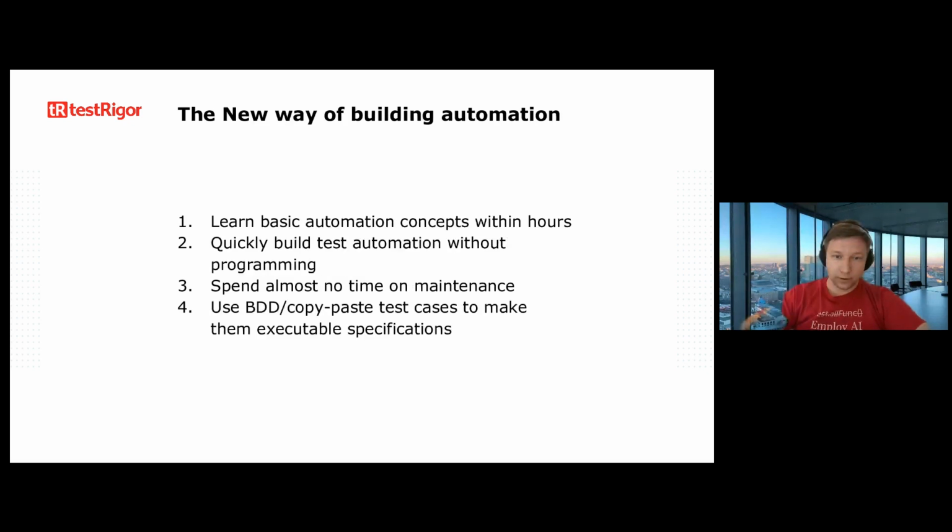The new way of building test automation, and I firmly believe by 2030 it will be by far the predominant way which every company would use, is to use AI to make your test building several orders of magnitude more efficient.